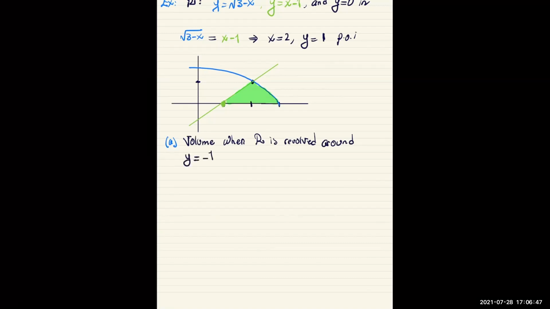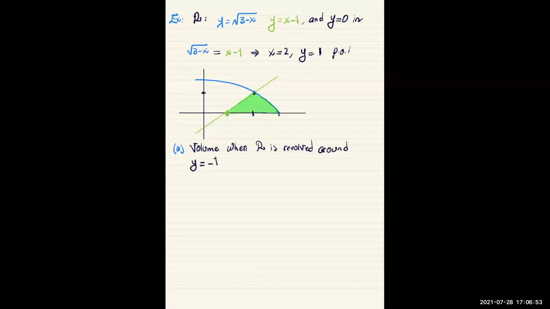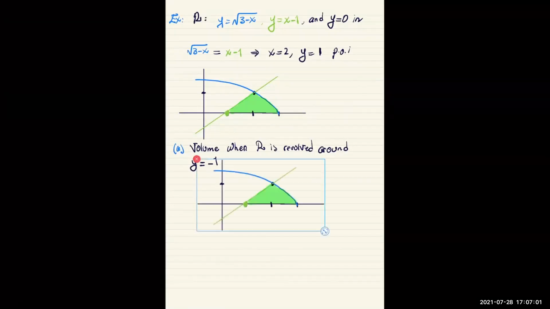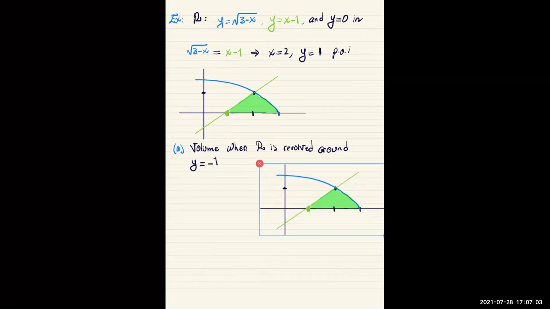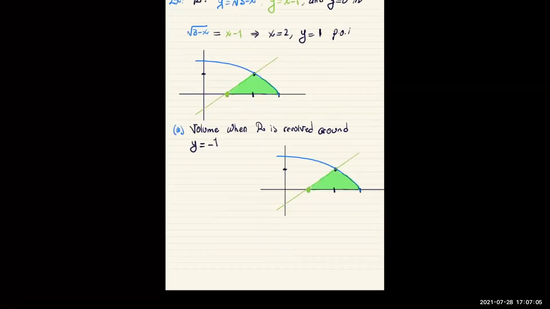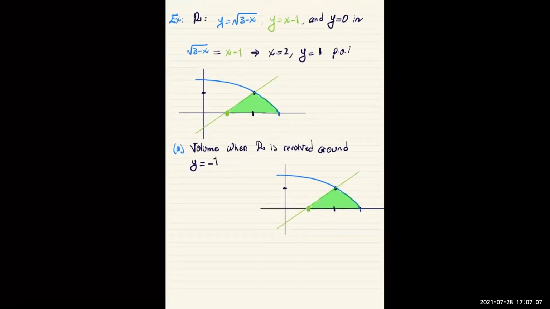I'm going to do both methods. I'll do both shell and washer method, and you'll be the judge of it. Okay, let's go with the washer. Let me see which is better.